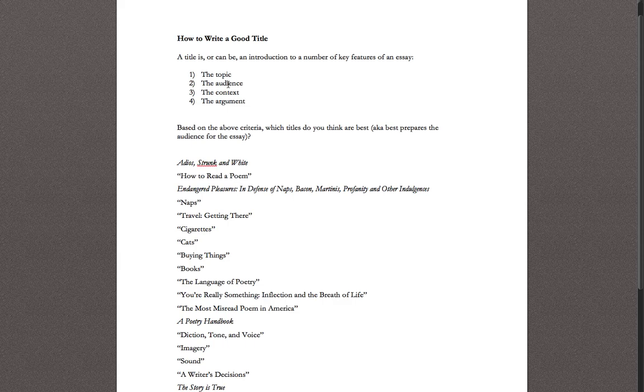Now we're going to look at our titles to see which ones introduce topic, which ones introduce audience, which ones introduce both, or multiple aspects of this list. I don't think any of our titles introduce all four. Titles that introduce all four are difficult to come by, I think, because titles are supposed to be compact, they're supposed to be short and catchy.